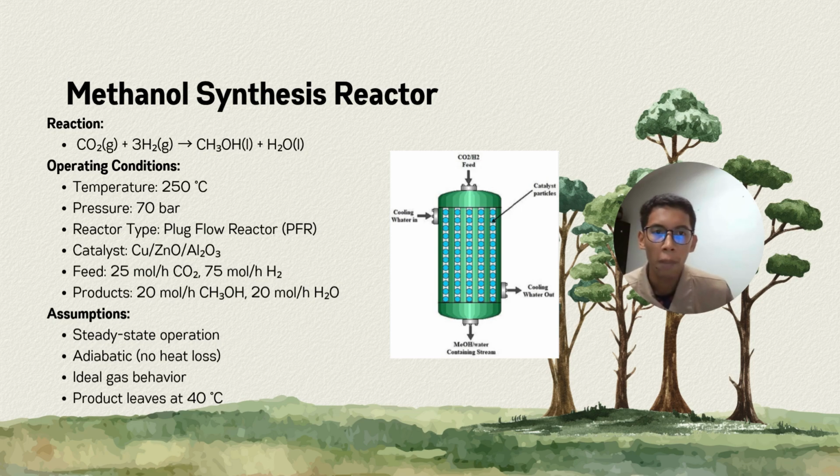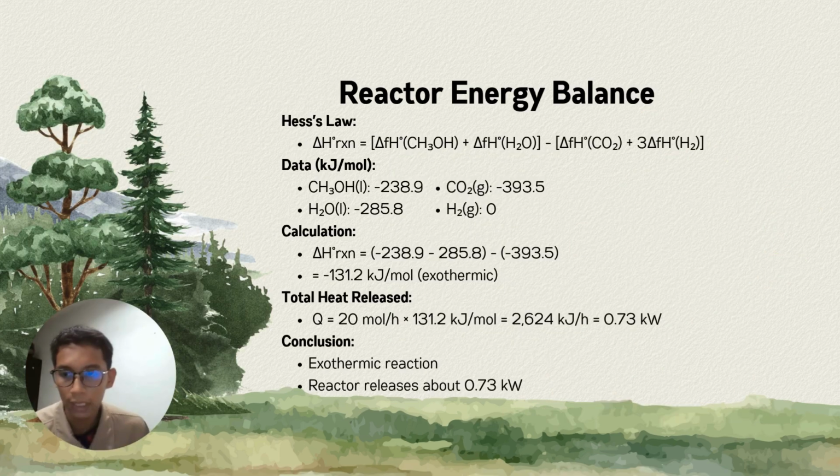Okay, for the methanol synthesis reactor, the reactor converts carbon dioxide and hydrogen into methanol and water under high pressure and temperature. We assume no heat is lost to the surroundings. For this slide, I will talk about the reactor energy balance.